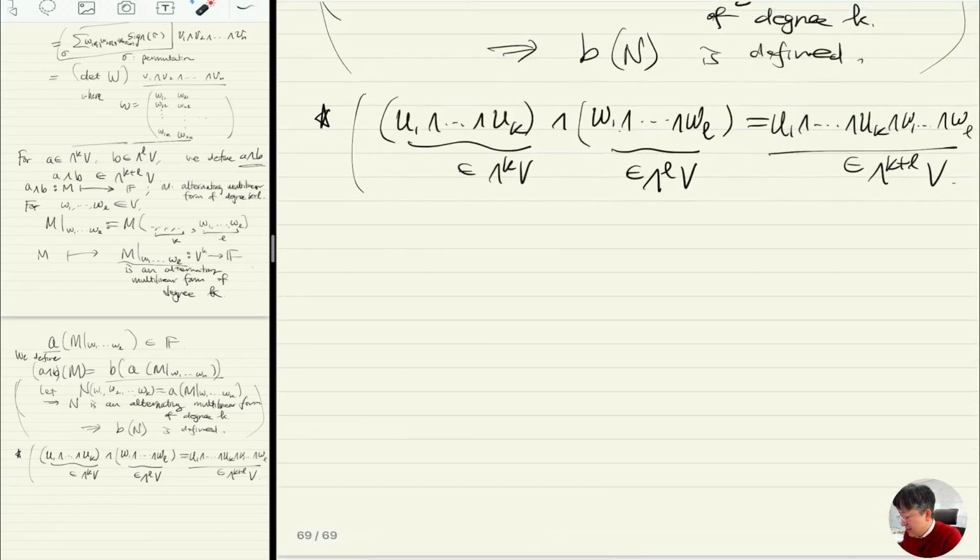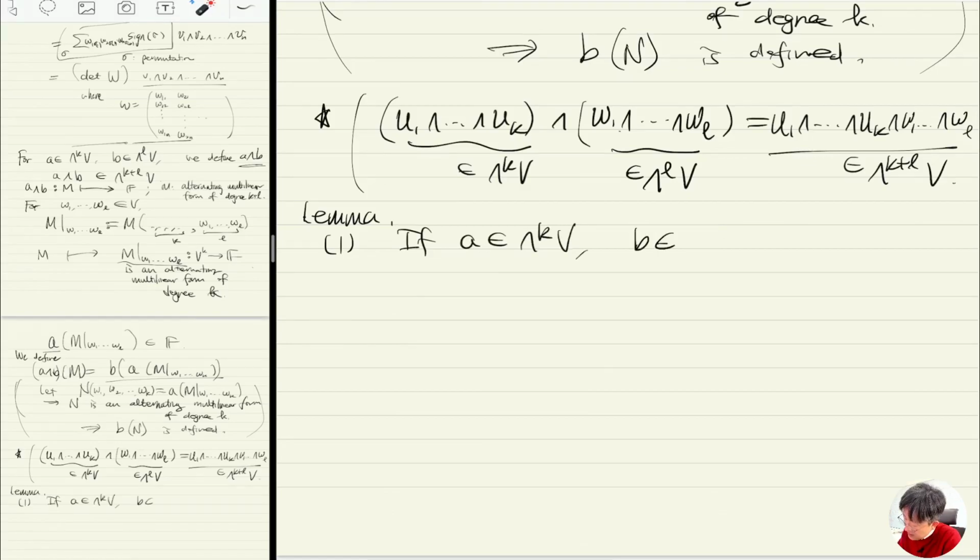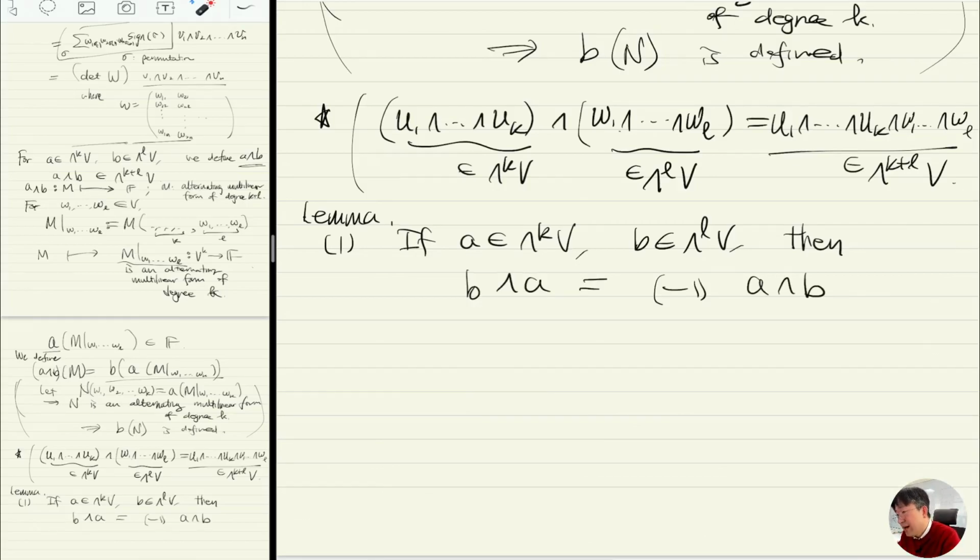Okay. Now a few properties. So for instance, A wedge B. Let's say if A is in the K-th exterior power and B is in the L-th exterior power, then A wedge B is B wedge A, but we need to multiply by -1.